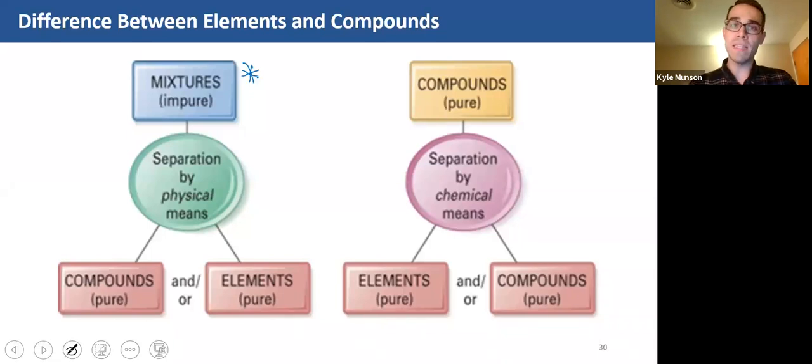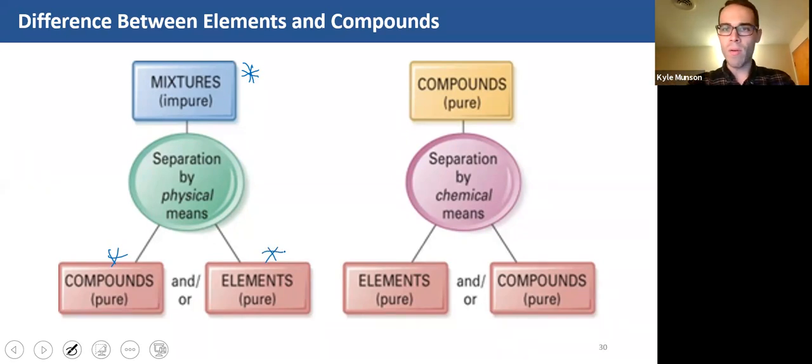So like magnetism with the iron and the sulfur example, like boiling point, separating the water from the salt, distillation, which might separate the larger particulates out of a liquid. Depending on the method and the sample that we're trying to separate, we could separate things into compounds or into elements, like in the sulfur and iron example.